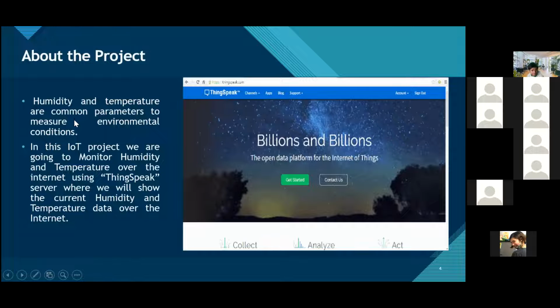So about the project, humidity and temperature are common parameters to measure environmental condition. In this IoT project, we are going to monitor humidity and temperature over the internet using the ThingSpeak server, where we will show the current humidity and temperature data over the internet.